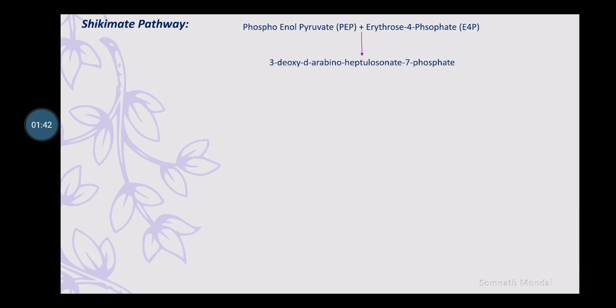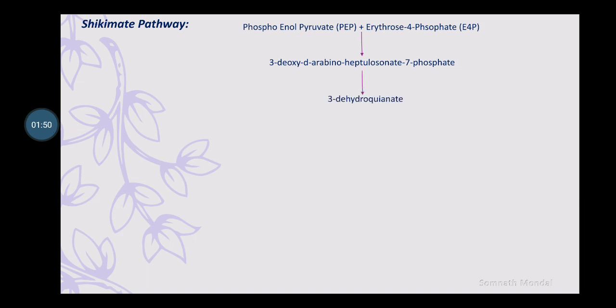Now let's have a look at the Shikimate pathway. Phosphoenol pyruvate and erythrose 4-phosphate combine to form 3-deoxy-D-arabino heptulosonate 7-phosphate.